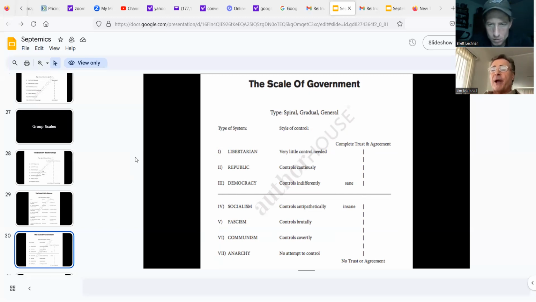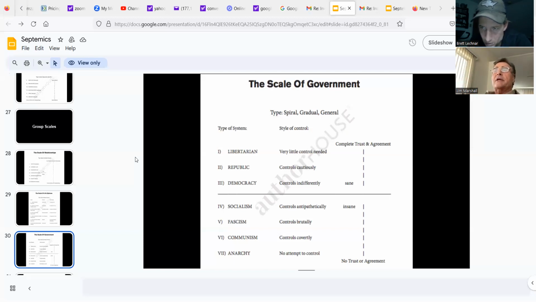First of all, this is a spiral scale. Many people confuse libertarians with anarchists. Libertarians are not anarchists. A libertarian, if you remember Thomas Paine, who is really the father of the American Revolution, he famously said, I'm trying to remember the quote, government is at best a necessary evil.